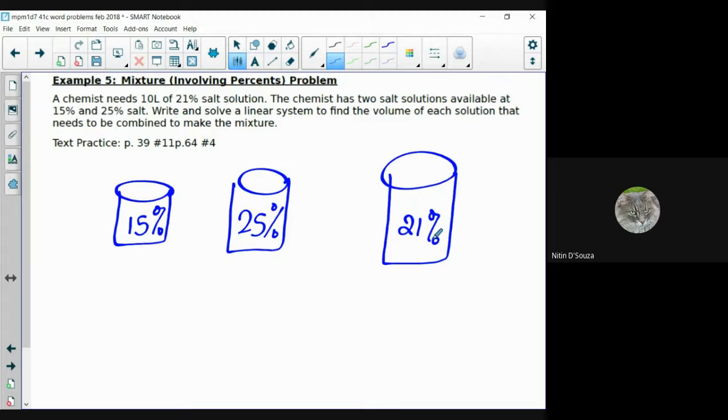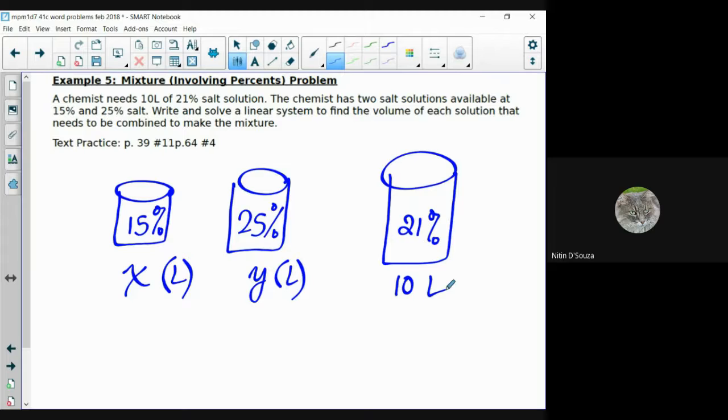We're going to take some of this, and add it up to here. So we're working in liters. So this is X liters. This is Y liters. And this is 10 liters. Sometimes if you just draw it out, it becomes a little bit easier to see. If I take this salt solution and I add this salt solution, I will get 10 liters.